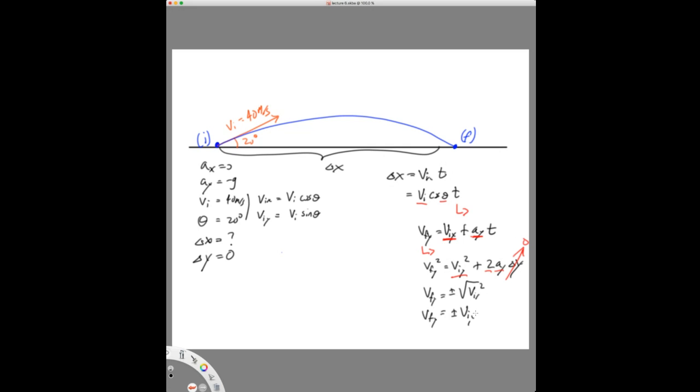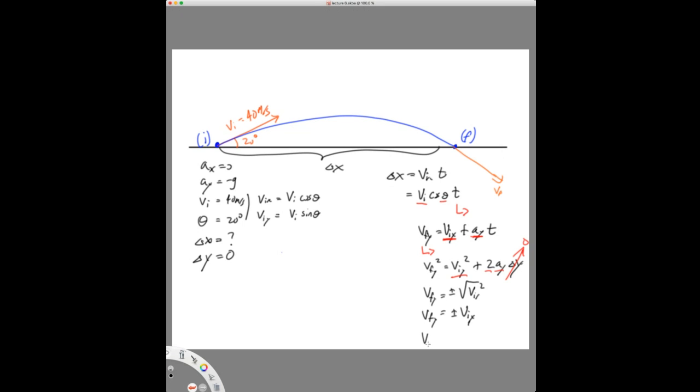Okay? So why are we getting 2 answers? Because we're solving what's the velocity when delta y equals 0. Delta y is 0 at the beginning, and it's 0 again at the end. So one of these answers is what VFY is if no time passes at all. We fire it and instantly measure. That would be the plus sign. On the other hand, our final velocity is over here. It should have a negative y component.